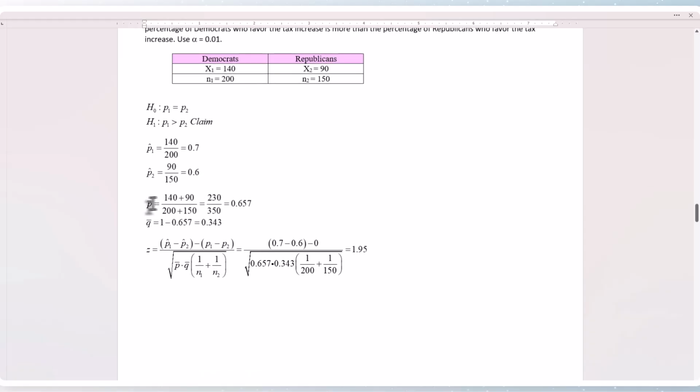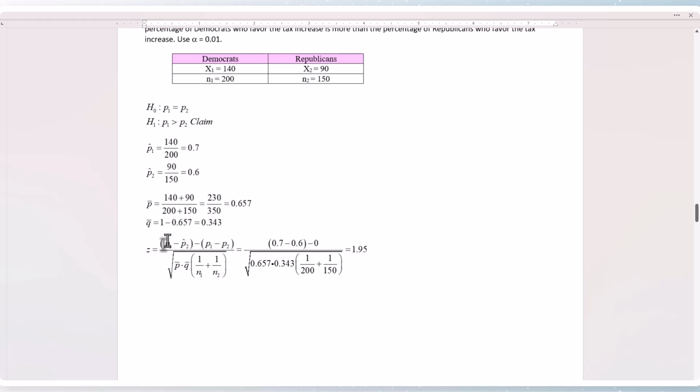We also have to calculate P bar. So that's the sum of the X values, 140 plus 90, which is 230, divided by the sum of the two sample sizes, 350. We divide, round to 3 places, 0.657. We also need Q bar. That's 1 minus P bar, so it's going to be 0.343. We take this information and plug it into the test point.